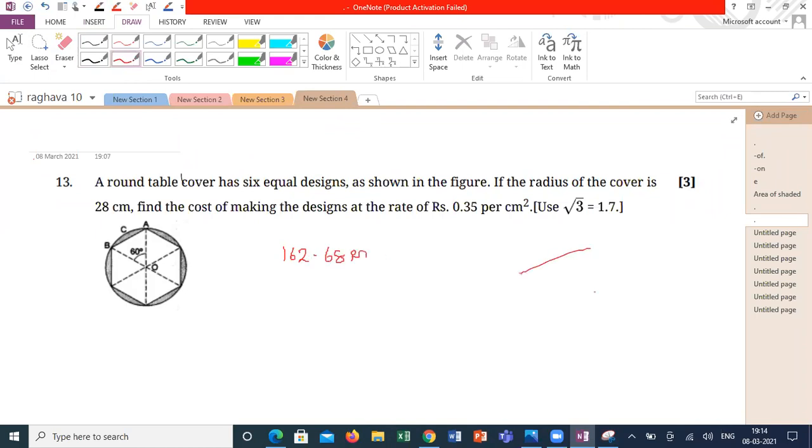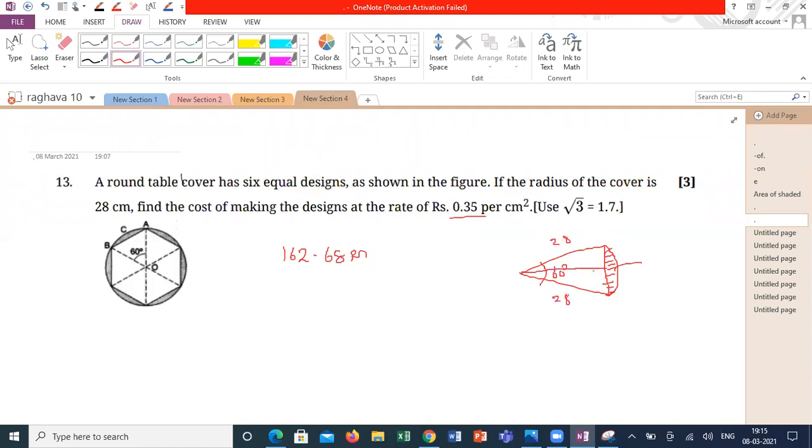Take any one sector and find this shaded region, multiply with 6, we'll get the shaded region area, and multiply with 0.35 rupees, then we'll get the final answer. So the radius is 28, this is also 28, same as the previous question.